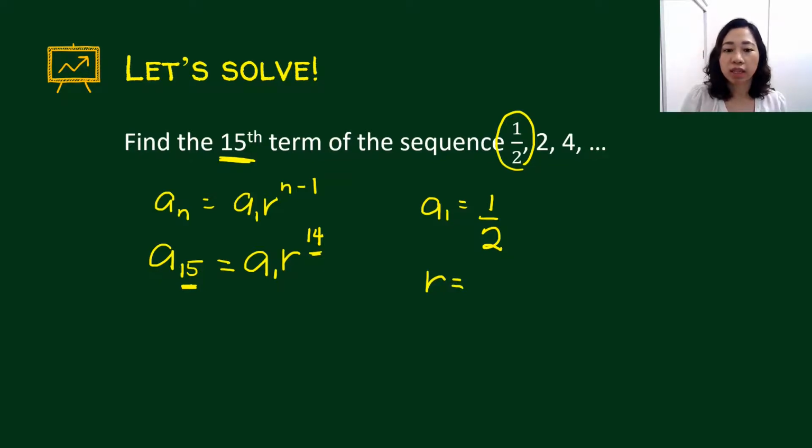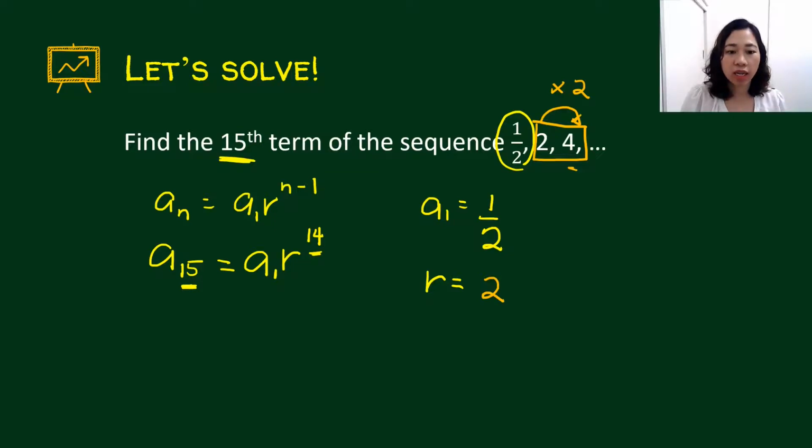Actually, it's easier if you look at this one, 2 and 4. What do you need to multiply to 2 in order to get 4? That's times 2, right? I did not bother with the right over left here because this is just a small number and you can easily see that the number you need to multiply to 2 to get 4 is 2. So our r is 2.